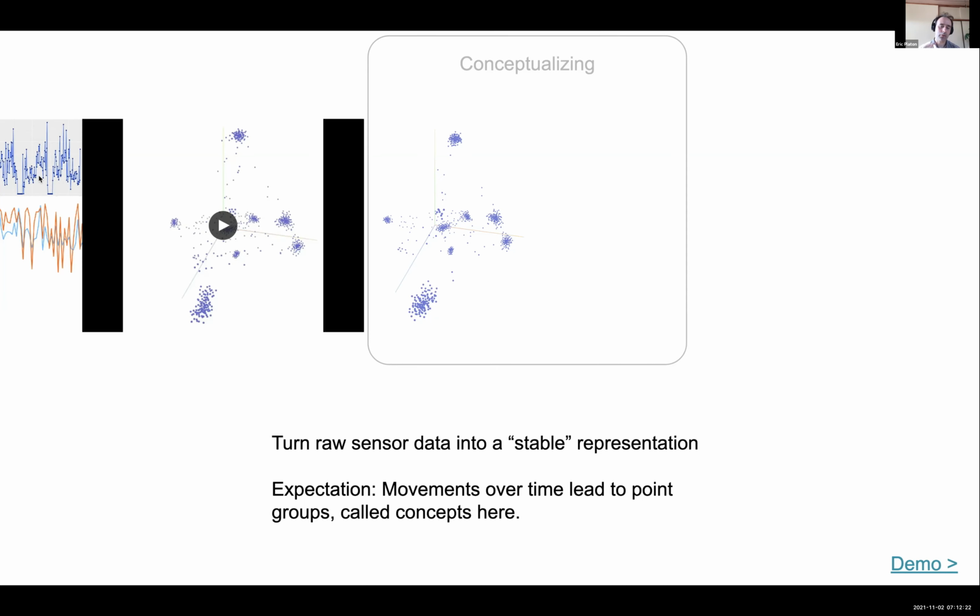In this project, we take all that raw data and turn it into something we can see in the video. Each data point is actually a representation of the data over time. As you can see, there are clumps of data, which we call clusters, and I will also call them concepts.